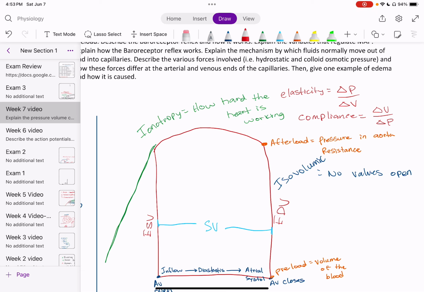And how this is regulated, we refer to it as something called MAP. MAP is the mean arterial pressure.